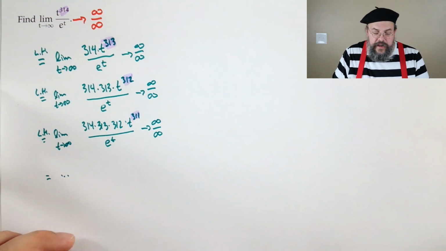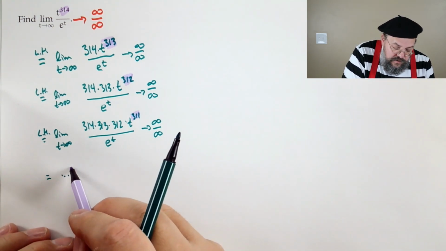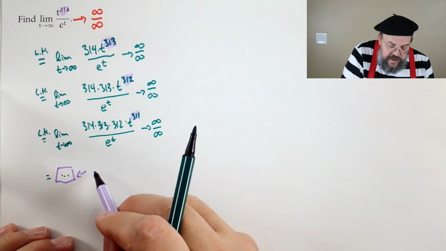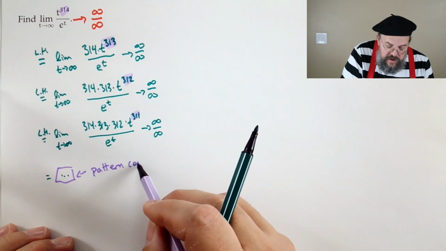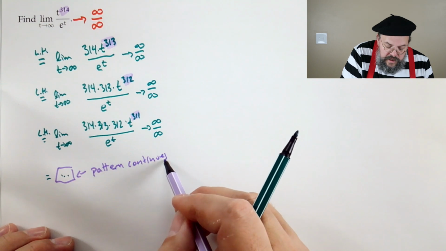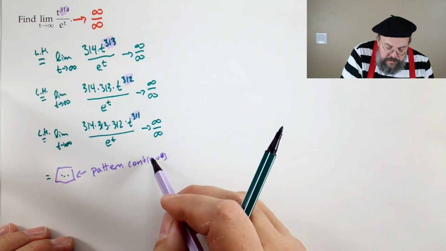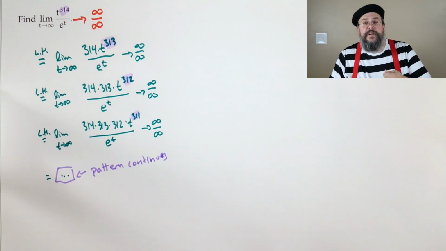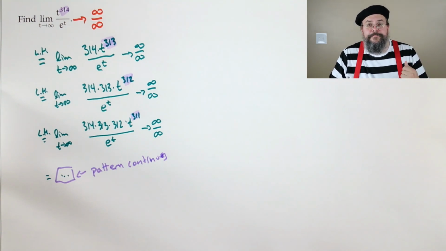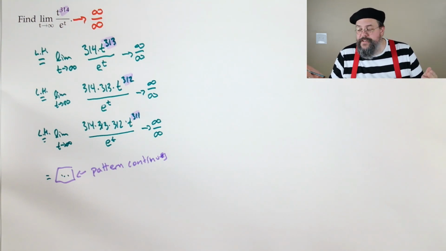The dots are just code for the pattern continues. And so what we'll do is we'll keep taking L'Hopital's rule. Every time we take a L'Hopital rule, the exponent upstairs goes down by 1. The downstairs never changes.